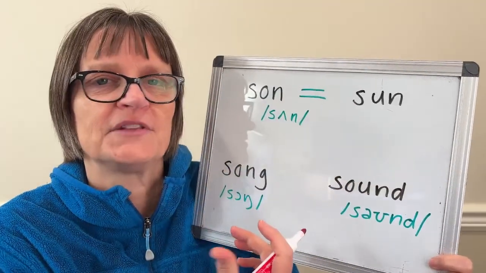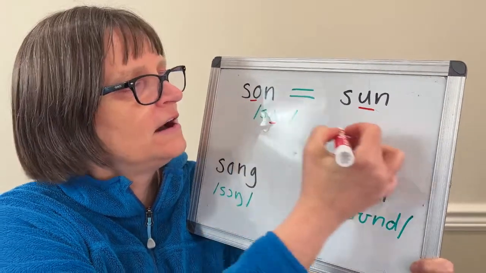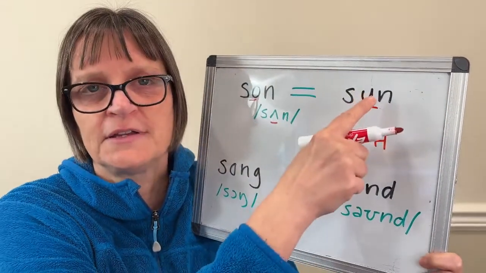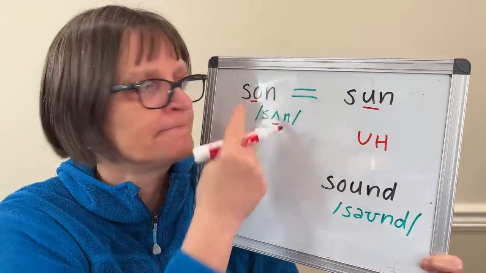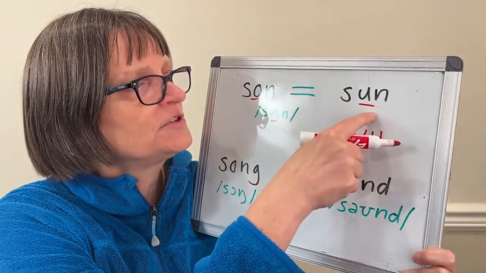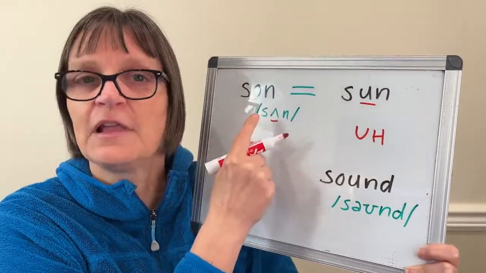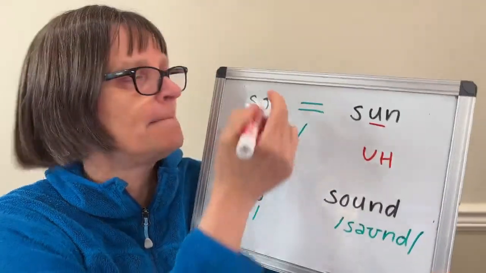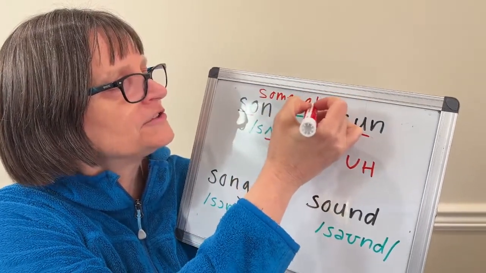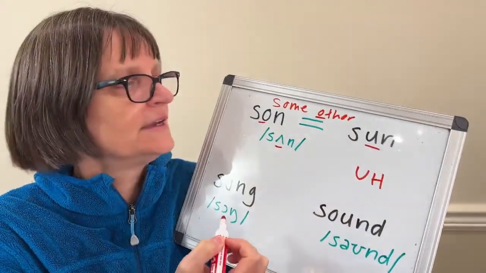These have the same pronunciation. So letter U and letter O both make the sound in sun. So my son likes looking at the sun. Same pronunciation. This is the more typical spelling for the stressed schwa vowel, but a lot of words like sun, some, other, also have letter O saying the schwa sound.